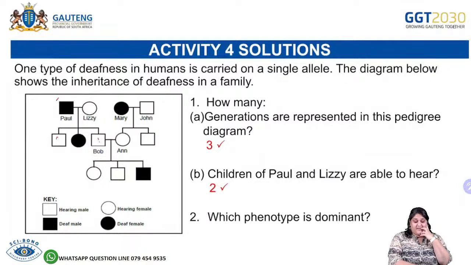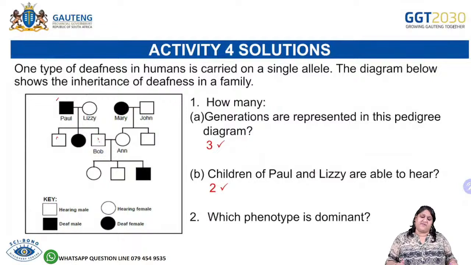And the best way for us to look at this is if we look at parents that are hearing. Because think about it. If they have 2 parents that are able to hear, and they have a child who is deaf, where did that child get that allele from? It had to have come from the parents, right? So the mother or the father has to have the allele.